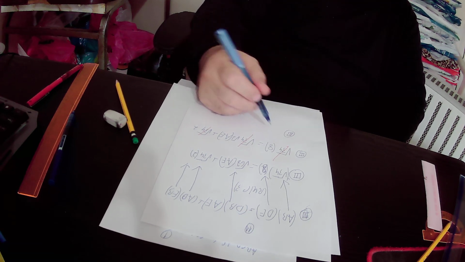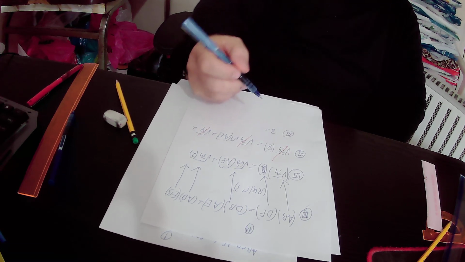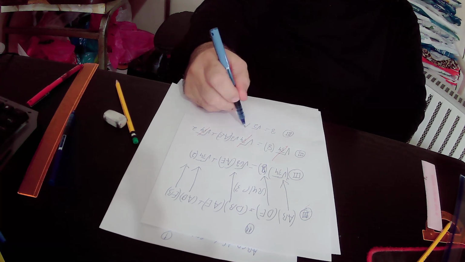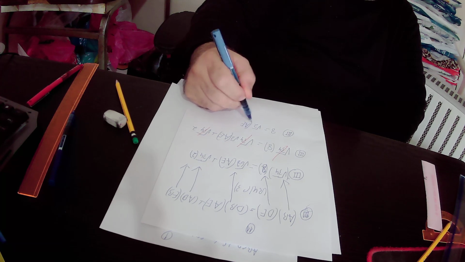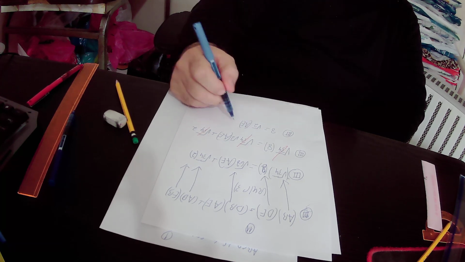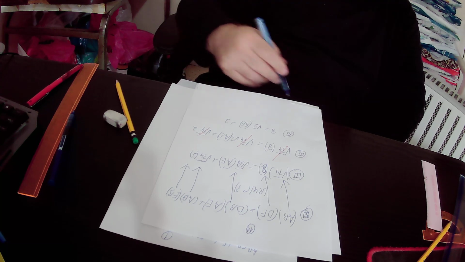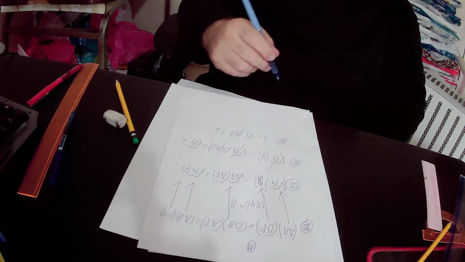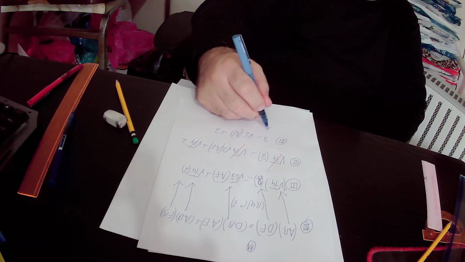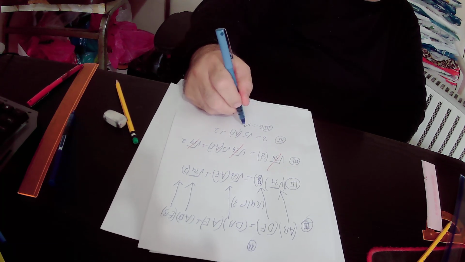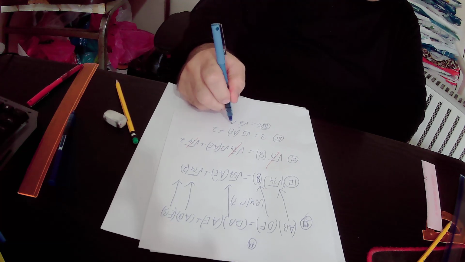What is left is 8 equals root 2 times AE. This is the missing variable, plus 2. So here we will subtract 2 from equation number 3. 8 minus 2 is 6. So 6 equals square root of 2 times AE.